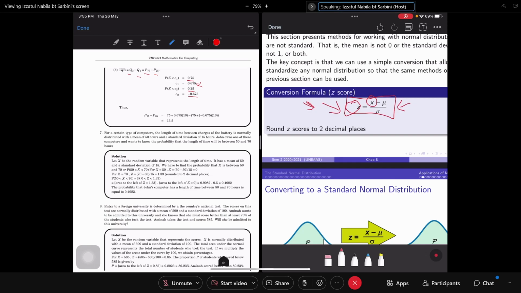So now we want to calculate x for 75 and x for 25. You have to convert the Z score back to the X value. So this is the conversion for x 75, and this is the conversion for x 25. Okay, so you have the quartiles, and the interquartile range will be equal to 13.5.